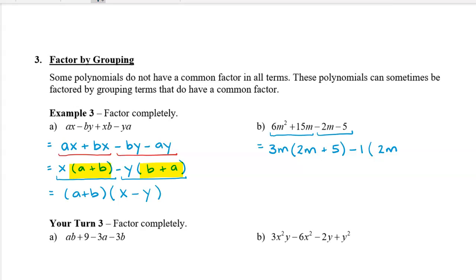And then negative 5 divided by negative 1 is going to be plus 5. Close my bracket. So again, I have a binomial GCF, which I'm going to factor out. So this will be 2m plus 5. And then what I'm left with is the 3m. And then I will have a minus 1. And we're going to close our brackets. And that's how we factor by grouping.